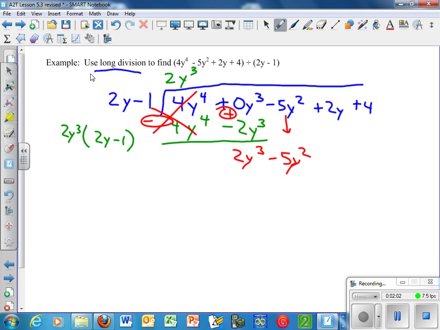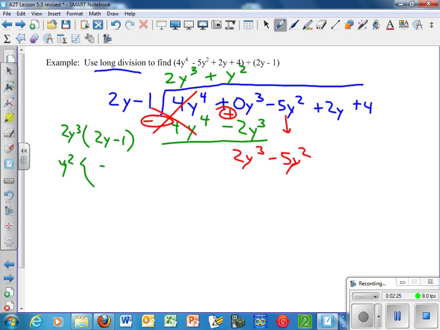How many times does 2y go into 2y cubed? Or 2y times what is 2y cubed? It would be 2 times 1, so the coefficient is 1, and then y squared. So I'm just going to write that as plus y squared. If you want to put plus 1y squared, you certainly can. Okay, it means the same thing.